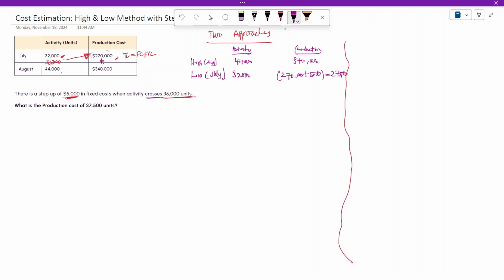So let's find the variable cost per unit. The variable cost per unit is equal to 340,000 minus 275,000 over 44,000 minus 32,000 units.